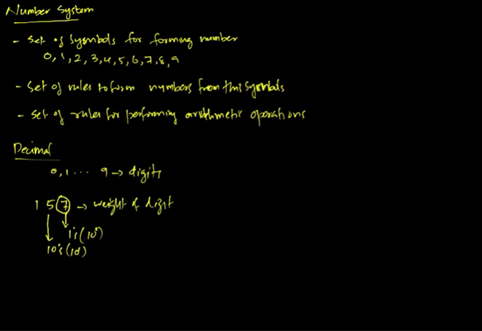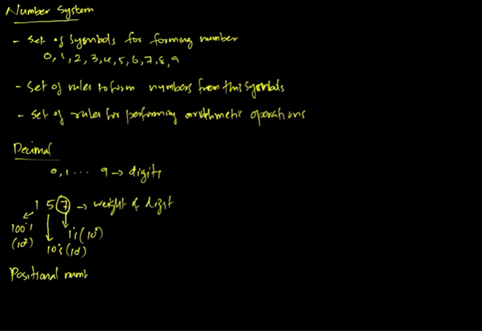And the first digit from the left, which is 1, has the weight of hundreds, that is, a weight of 10 raised to 2. So in the decimal number system, the weight of each digit in a number depends on the relative position of that digit in the number. Such number systems are called positional number systems.